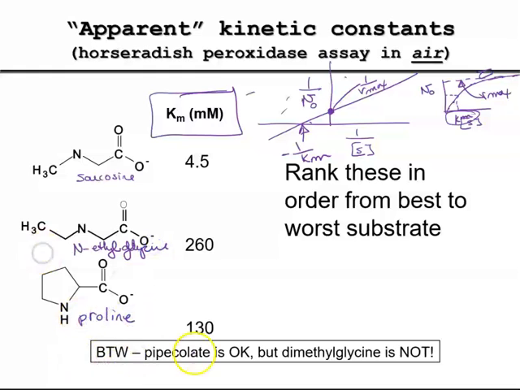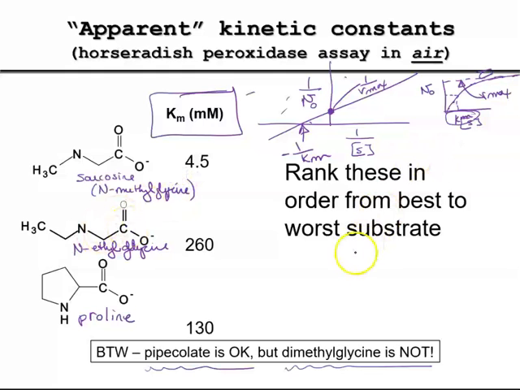Now, if you're wondering about down here, pipecolate or pipecolic acid is similar in structure to proline, and dimethylglycine is similar in structure to sarcosine, except that we have an extra methyl group. So sarcosine is also known as N-methylglycine.